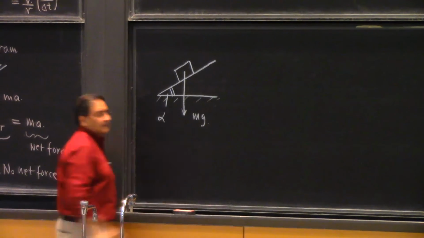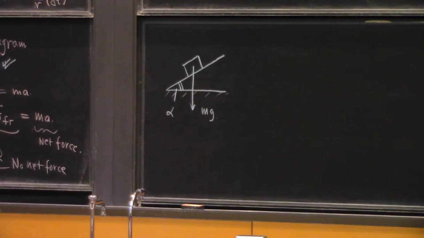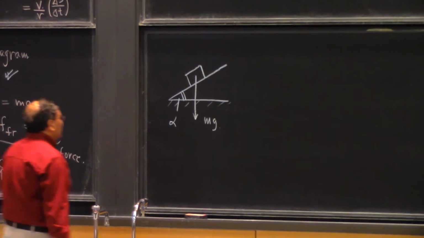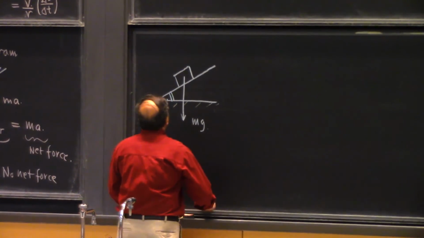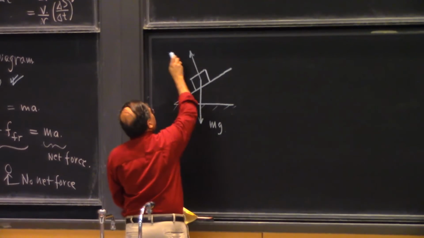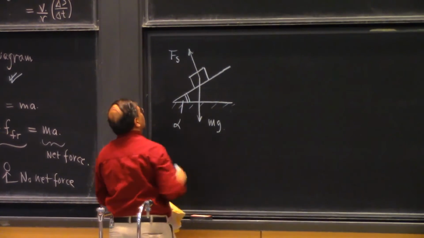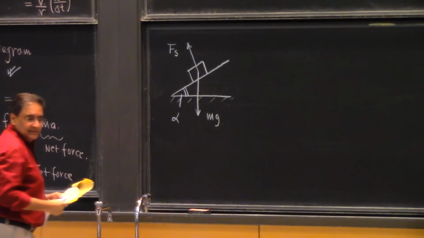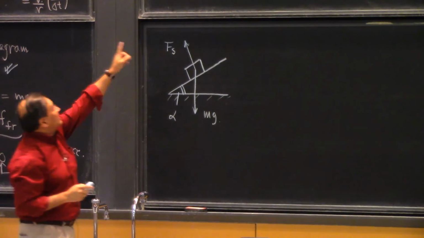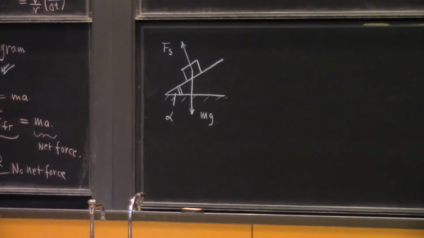Mg will always be vertically downward because it's the center of the earth that's pulling you, right? There's no choice. As I already told you, the normal force would be that way, surface force. So in this system, you don't set your x and y as horizontal and vertical.